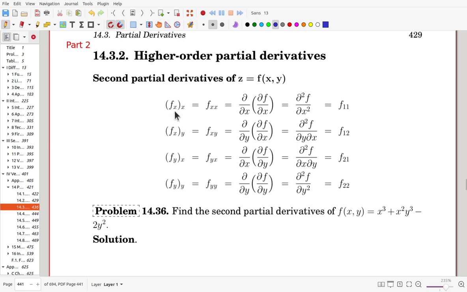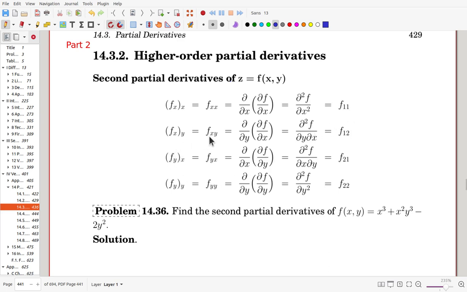After getting f sub x, we apply one more time an x-directional partial derivative to get f sub xx. Here, first we take the x-directional derivative, and one more time. So we use this notation, and sometimes we use this notation, f sub 11.